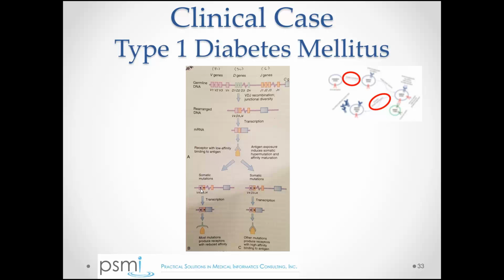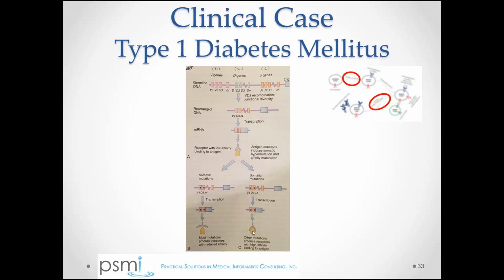All kinds of mutations are introduced, and some of those resulting B cells have low affinity for the offending antigen, whereas some of those mutations by chance result in very high affinity binding to the antigen. Those cells that have high affinity binding to the antigen are then further stimulated to form into mature plasma cells.